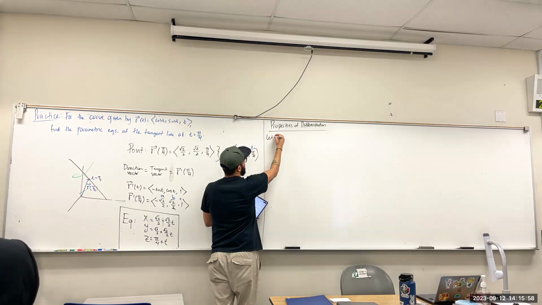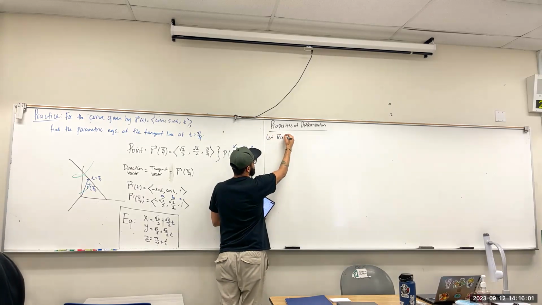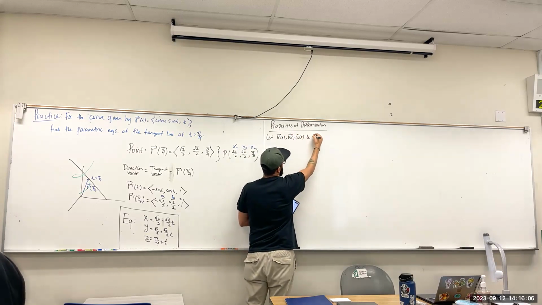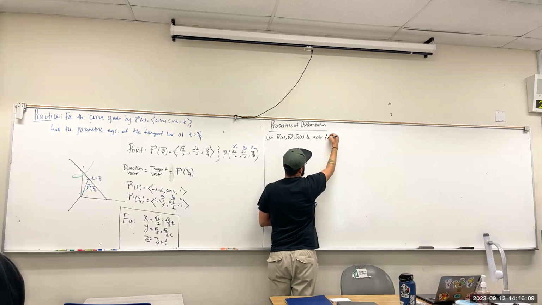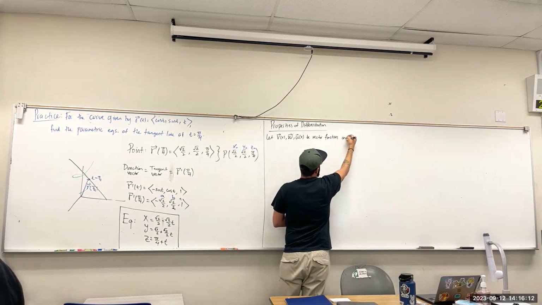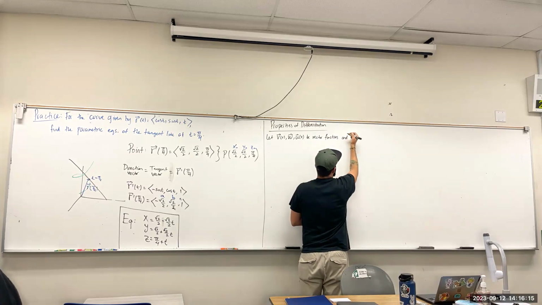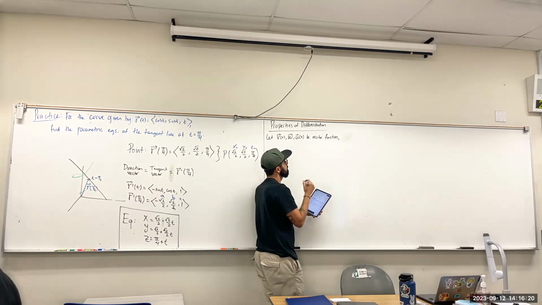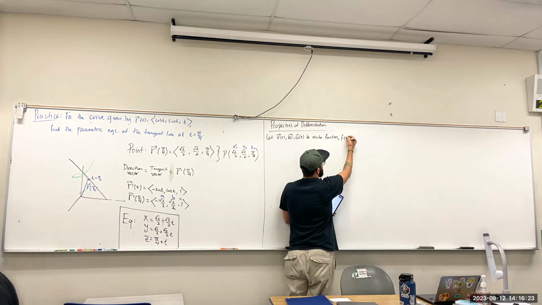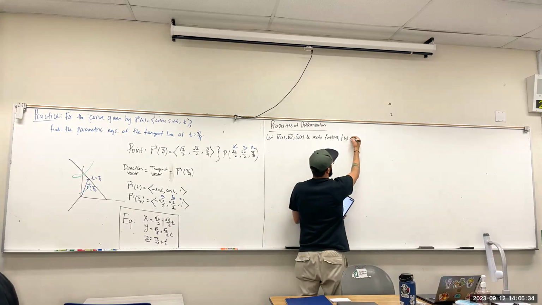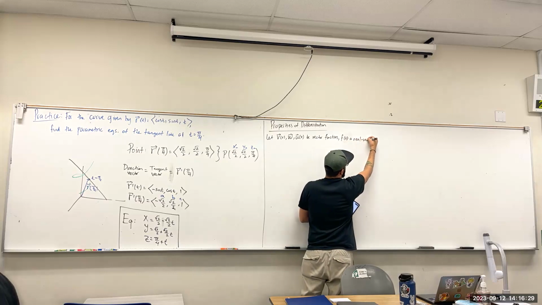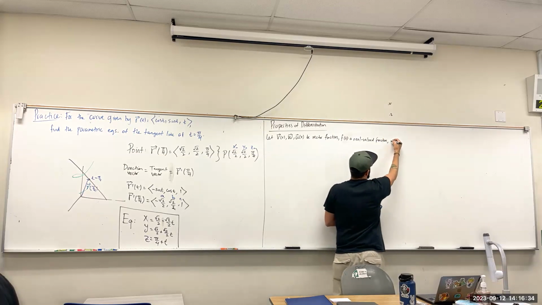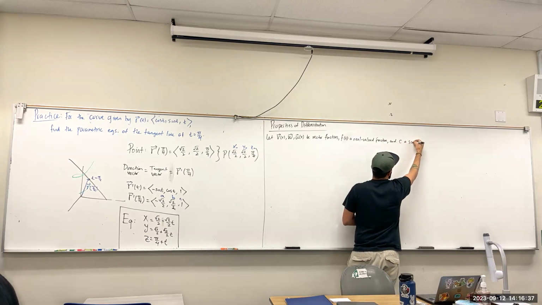Okay, so let's start by letting v of t, w of t, and u of t be vector functions, f of t a real valued function, like the ones that you saw in Calc 1, and c a scalar.